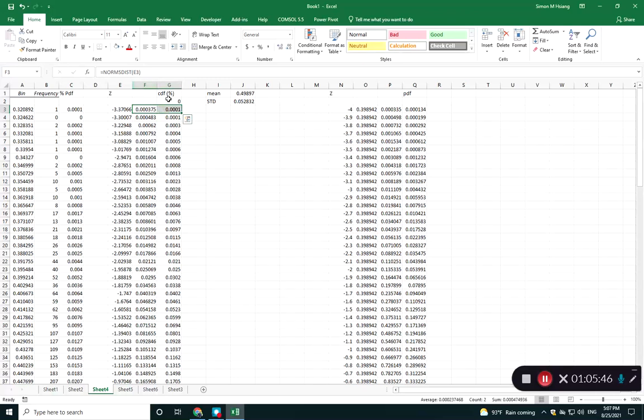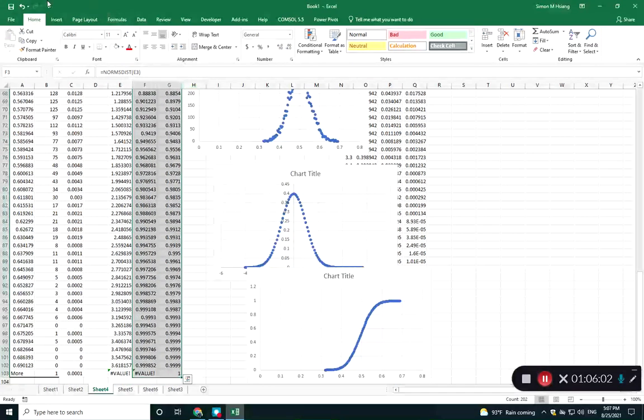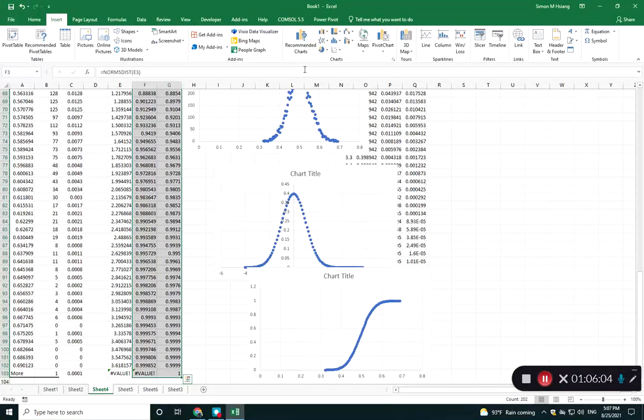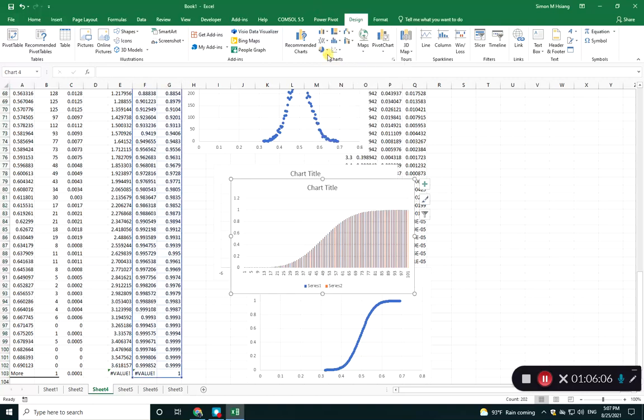So this one is the simulated one. We sample. This one is the theoretical one. One is theory, one is sample. And if you compare the two, let me have two bar charts, see how close they are.